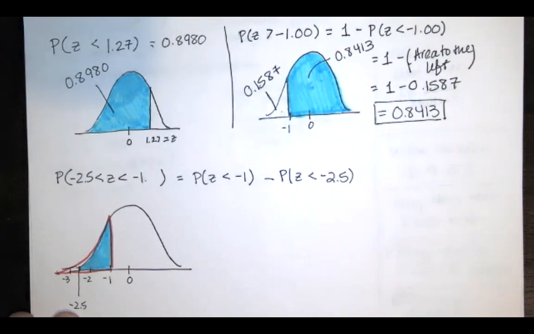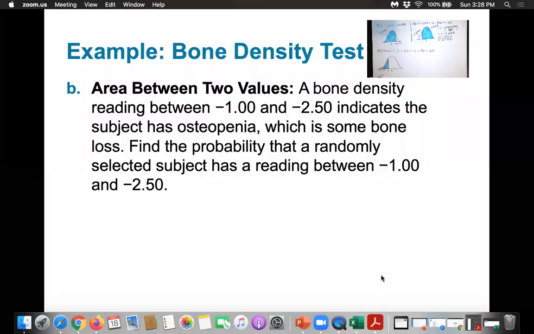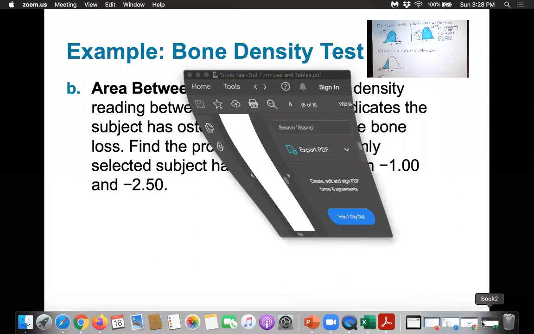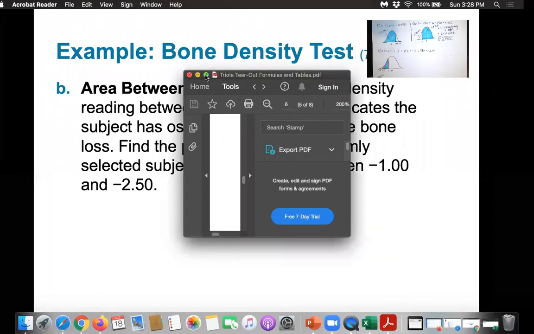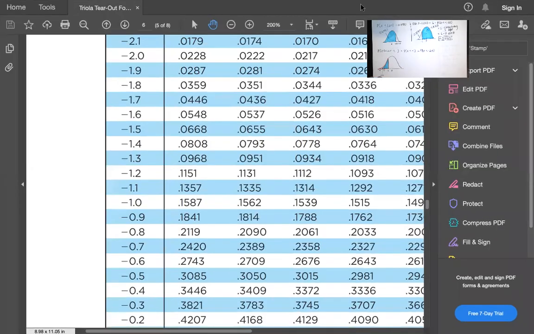We've already found the probability that Z is less than -1. It was right there. So the probability that Z is less than -1 is 0.1587, according to the table.